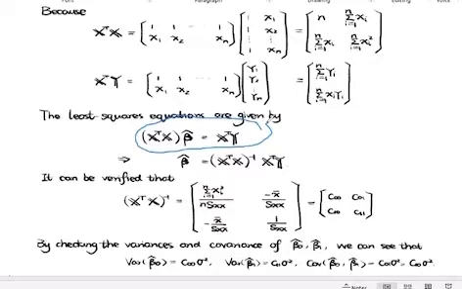And somebody now says, okay, you know what? What I'm going to do here is I'm going to pre-multiply this by the transpose of X, X inverse. The inverse of that.